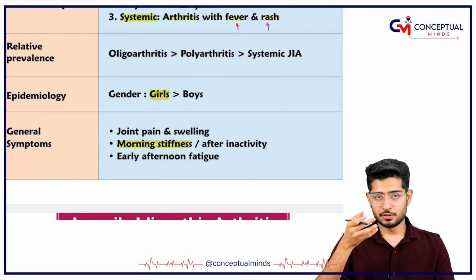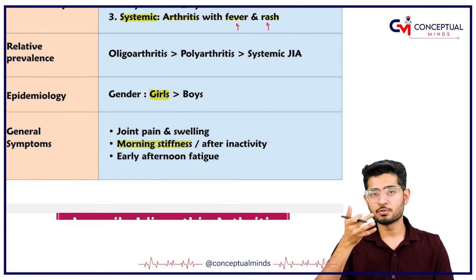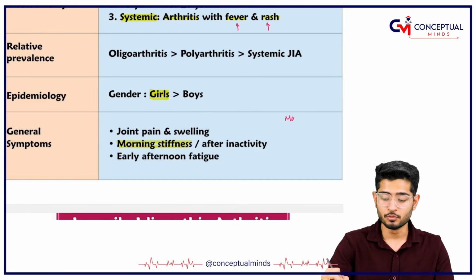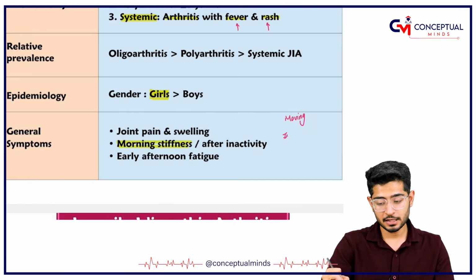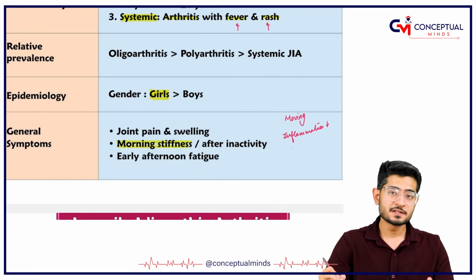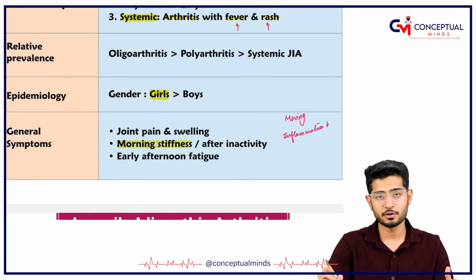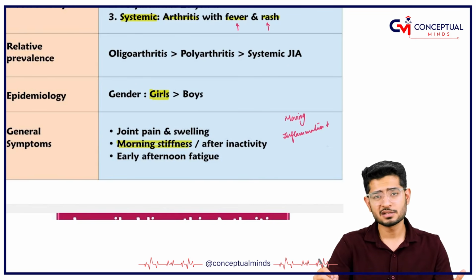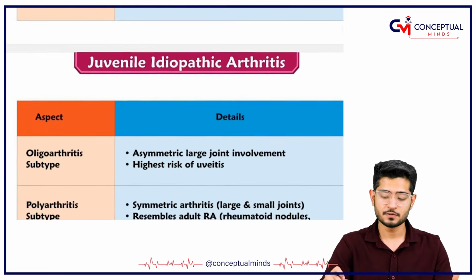Because it's an autoimmune disease, very simple thing, let me just teach you. If you're moving a limb, the inflammation is slightly less, because it's an inflammatory condition, and if you're not moving the limb for a longer period, like in the night time, this inflammation is going to increase, and that's why the child is going to have morning stiffness. So this is something which you have to understand.